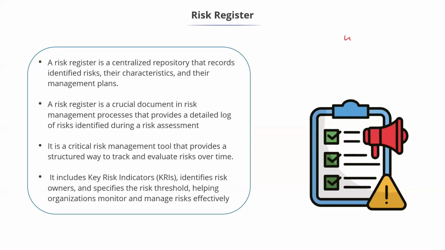There is one other parameter called unpatched machines. If that goes above 3%, that's a risk indicator. So these are risk indicators. This helps you in keeping a record. It keeps track of our risk indicators, owners, and thresholds.